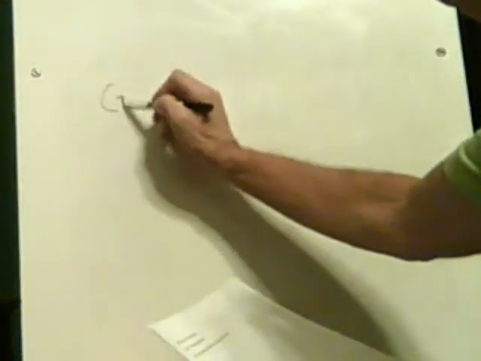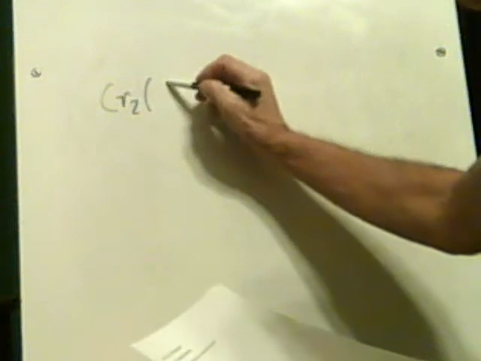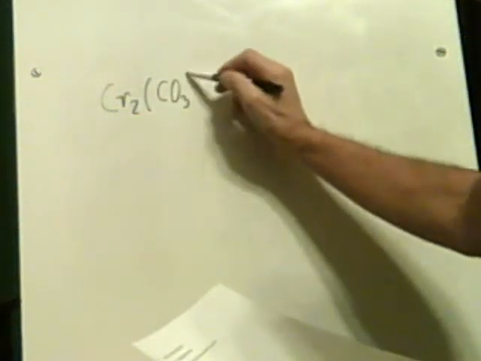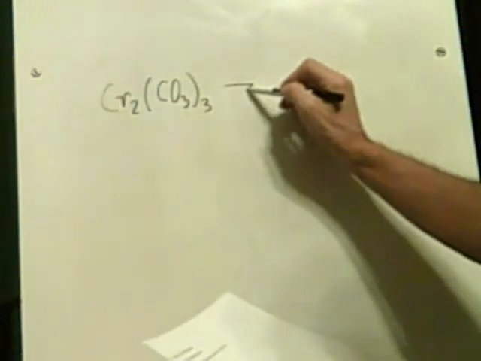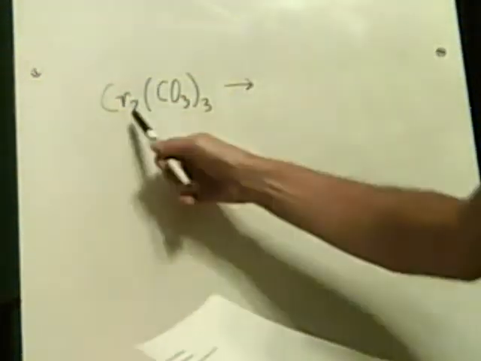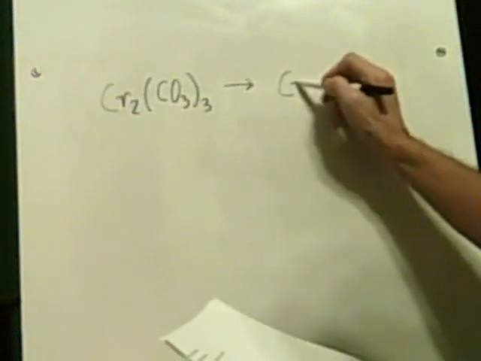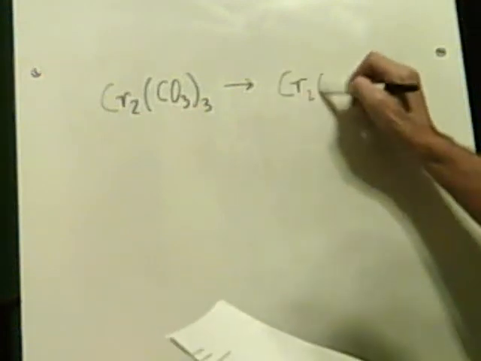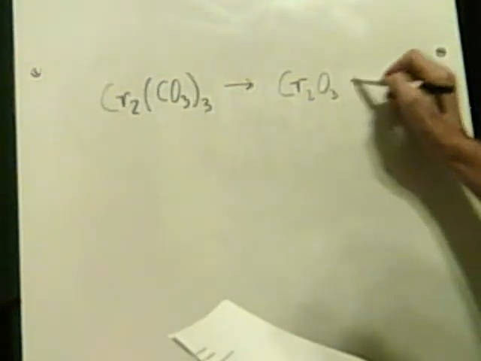Okay, chromium. Now for the purposes of balancing, we don't really need to know very much about what's actually happening in this reaction. This is a chromium carbonate, and it's going to give us a chromium oxide and CO2.